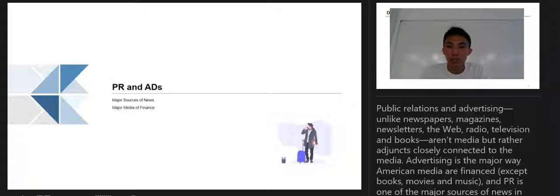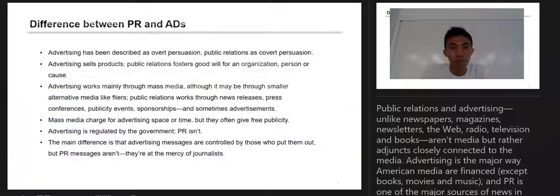Advertising is the major way American media are financed, instead of books, movies, and music. And PR is one of the major sources of news in the US, with about half of news stories originating from press releases.